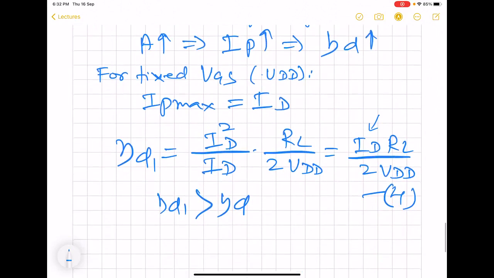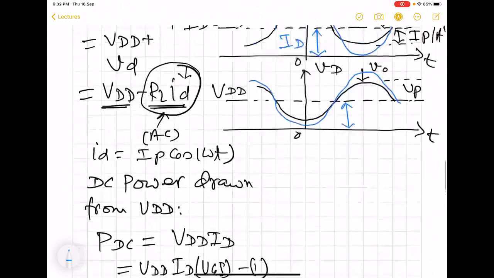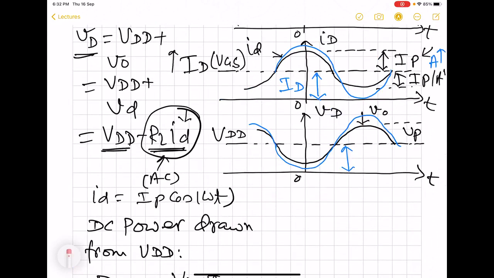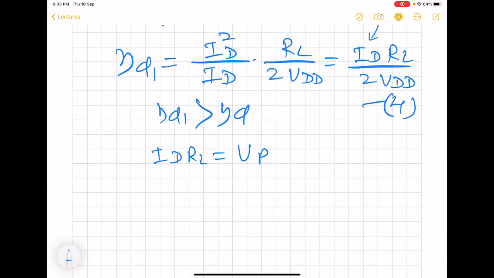But what important thing we have here is that this ID RL is going to be equal to VP, and VP is the swing of the output voltage. And this VP need not be at this moment equal to VDD. There is no guarantee that this is going to be the case. So we can now substitute this equation in the previous.